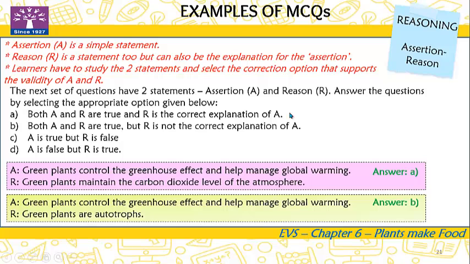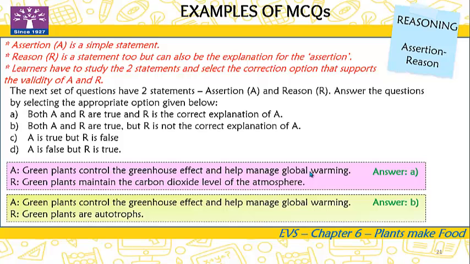If my option has to be A, then my reason has to be connected to my assertion. That means R has to be the reason for A being true. So green plants maintain the carbon dioxide level of the atmosphere, and hence they control the greenhouse effect and help manage global warming.